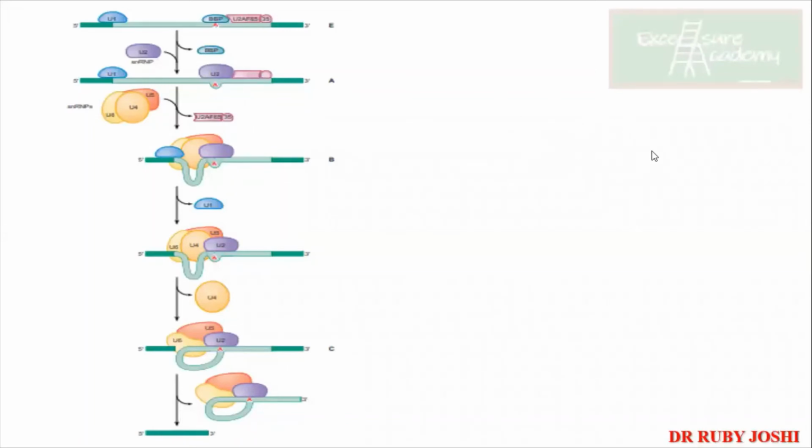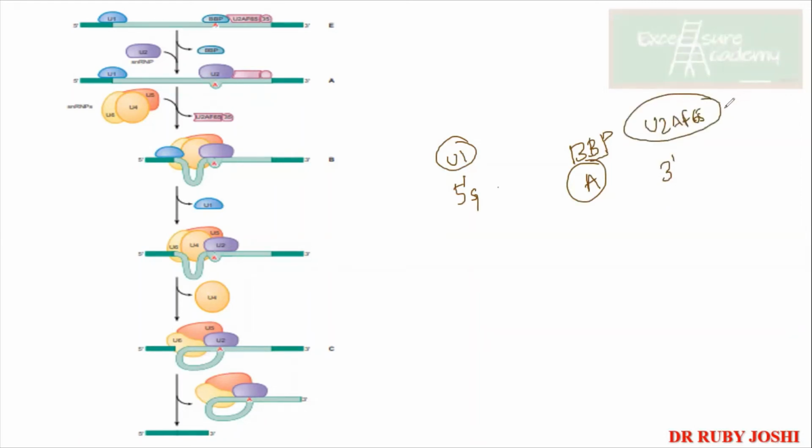Okay, so let us just summarize what we have just discussed now. Okay, so first you have got the RNA, and you can see that to the 5' splice site, your U1 is coming. Okay, to your branch site, BBP is coming. This is your branch point binding protein. And then to the 3', it is your U2AF65, the larger subunit of the protein.